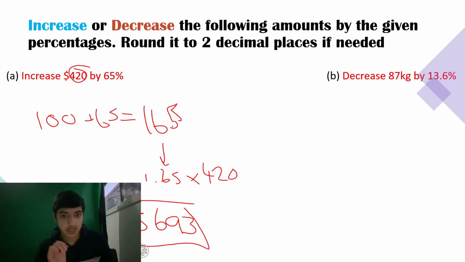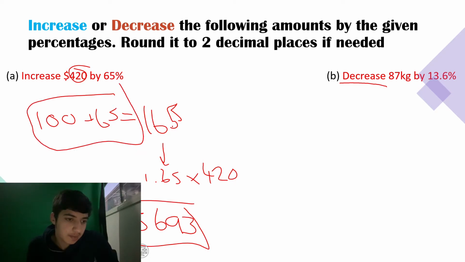Okay, now for decrease, however, as you can see here, decrease 87 kilos by 13.6. There's no difference between currency, like money, kilograms, liters, etc., as long as you know how to do it right. So for decrease, however, you have to minus. As you can see here, we did plus.